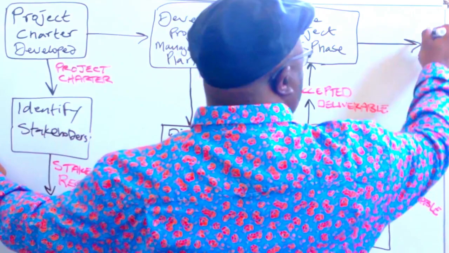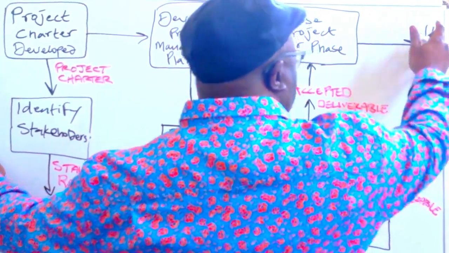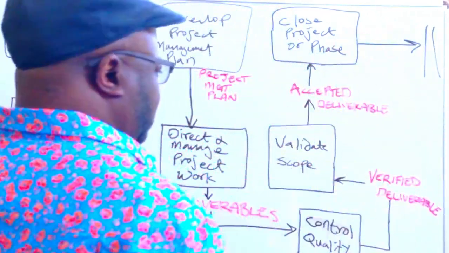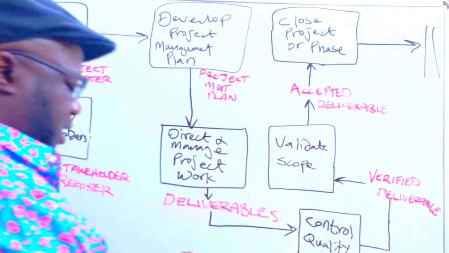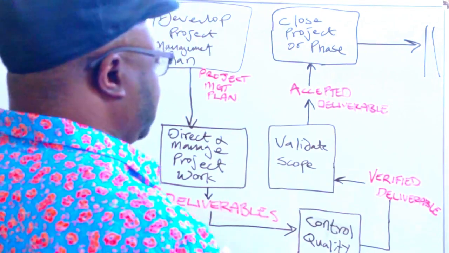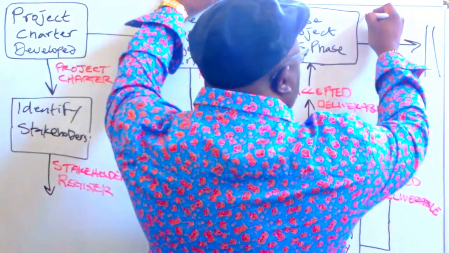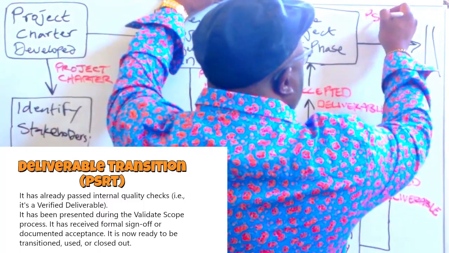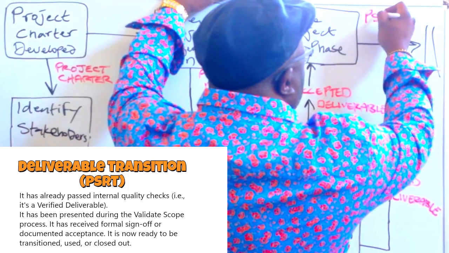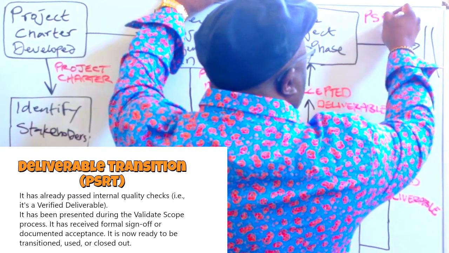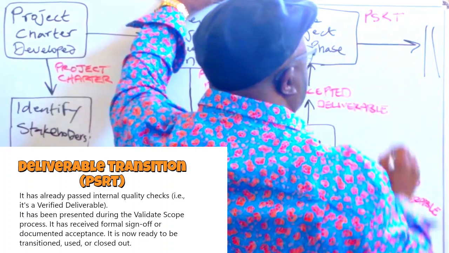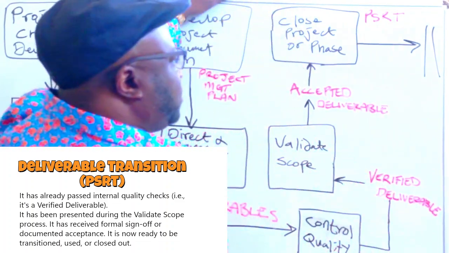So we're just going to show it with these two bars at the end, showing you that's it. That's the end of the project. And what you get out of this is called a product, service, or result transition. I'm just calling it PSRT.